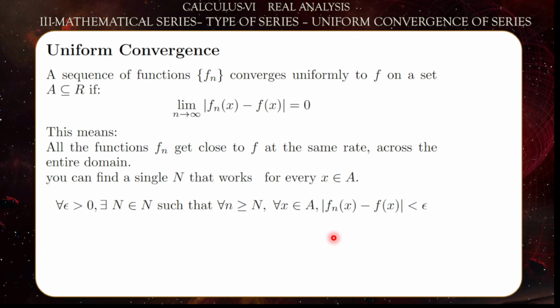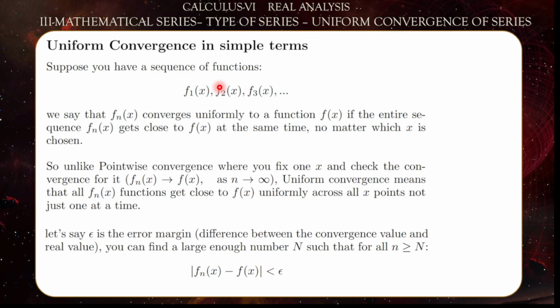In other words, all the values of the series within that interval of x's approach the function f(x). So they converge on an entire subset of values, an entire subdomain, not only pointwise, not only at a specific point. That's the main difference.